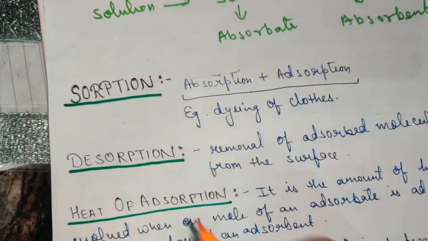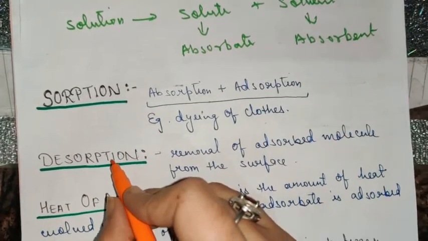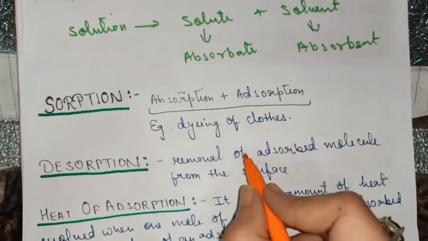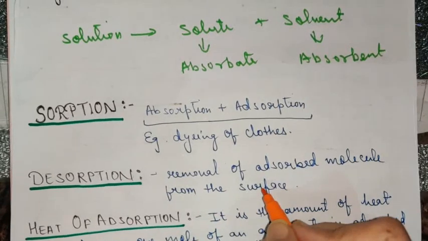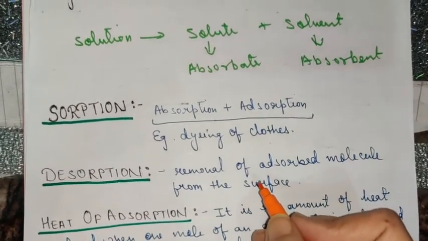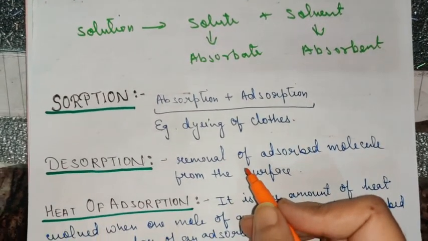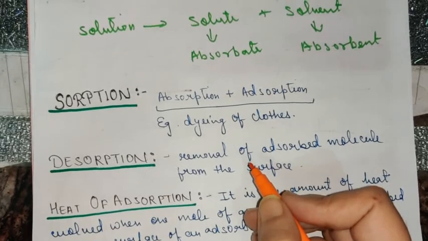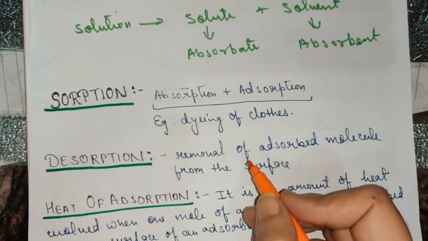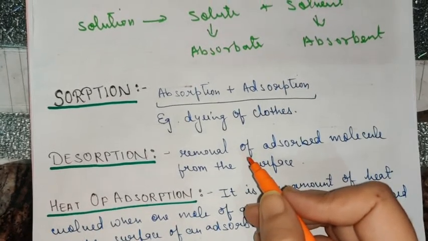Now what is desorption? Desorption means the reverse of adsorption, that is the removal of adsorbed molecules from the surface. A very simple example I am taking: when the teacher enters the classroom, what happens? You people all get desorbed from your chair or your bench to wish the teacher.